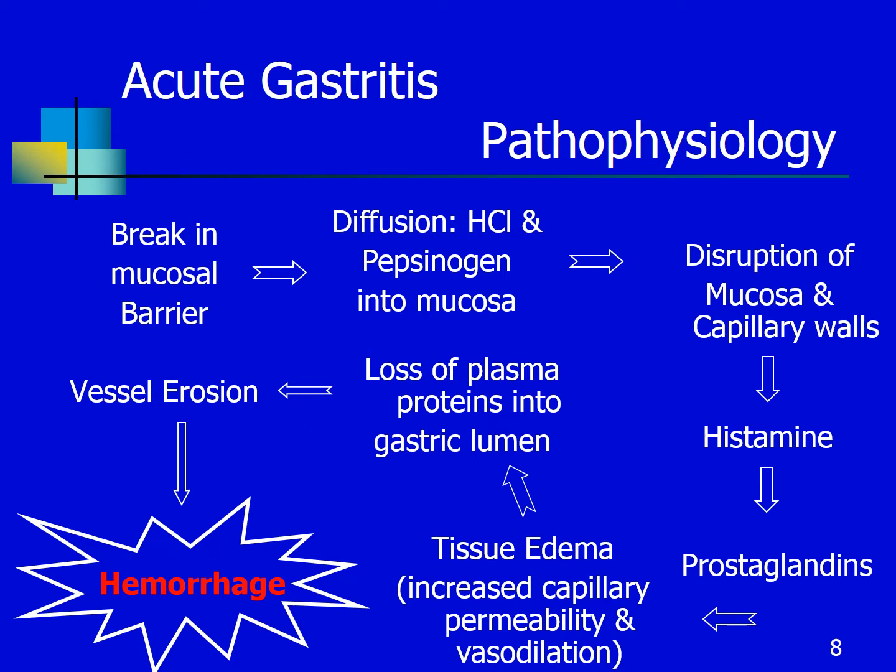That causes the vasodilation, and then the protein gets into the gastric lumen, leading to the vessels eroding, therefore causing hemorrhage. All right?